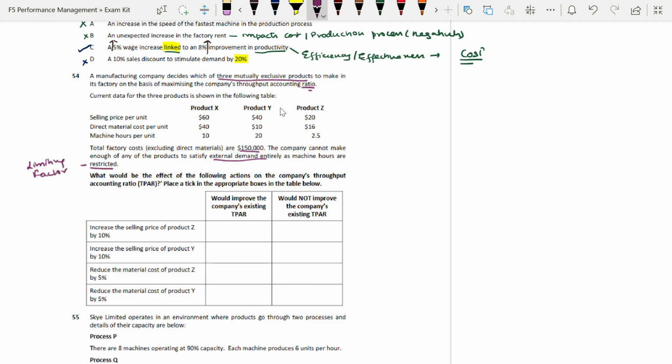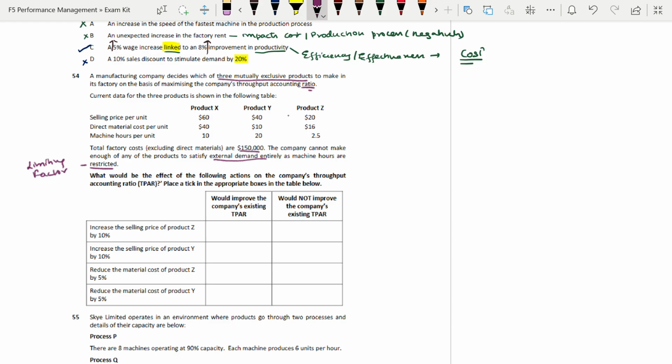What would be the effect on the throughput accounting ratio? Now, what will be the effect? Where we are getting the highest results, we have to take that into consideration.